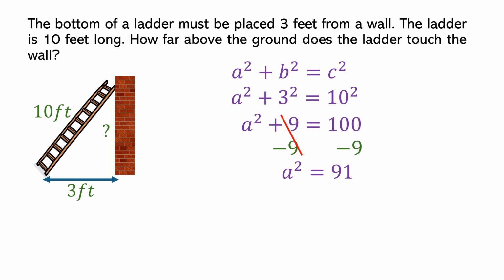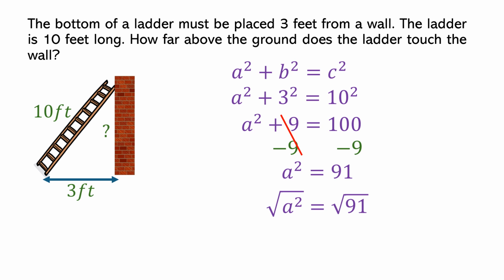Now, we're not done yet since a has a square, and what we are after is only a. So we're going to take the square root on both sides in order to remove the square.